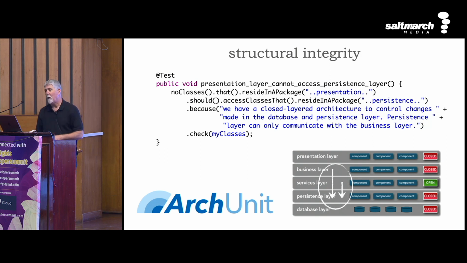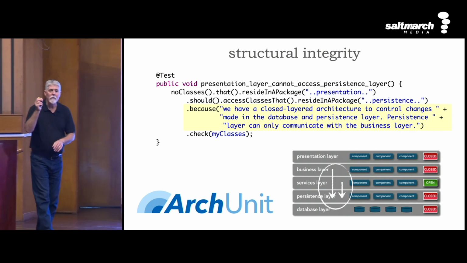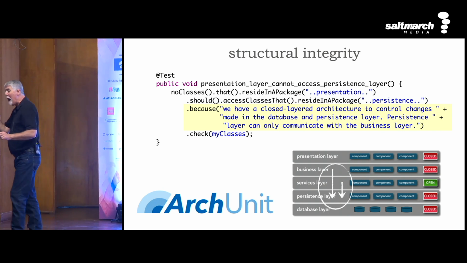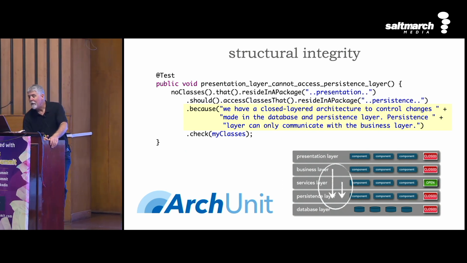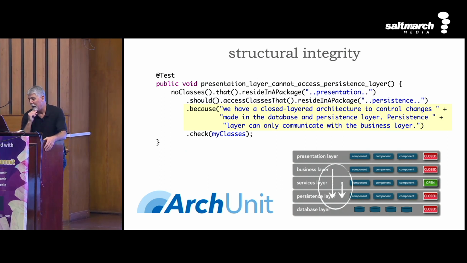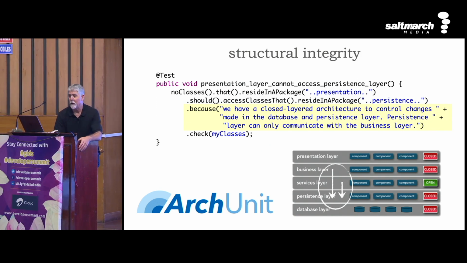I love this part right here. In that test, I can give the reason why this structural integrity constraint exists. Why? Because we have a closed layered architecture to control change. Control changes made in the database. Persistence can only communicate to the business layer because of that.